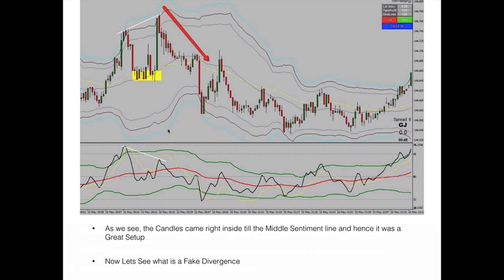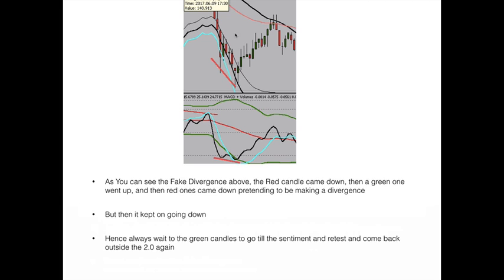And as you can see, when the candles go up and come down till the sentiment line, this is the best setup. Sometimes what happens is it goes up, comes a little bit till here, and goes back here, and that is a fake divergence. Now I'll show you exactly what I mean by that. Look at this. It comes down, goes up after the red candles, the green candles formed, and then it comes down.